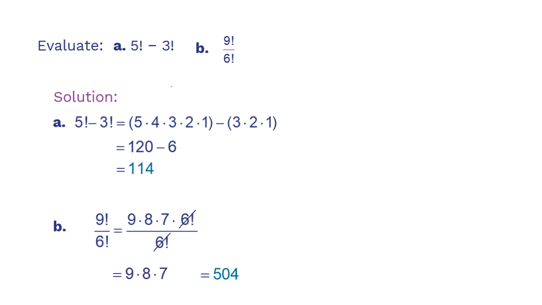because if you notice here, 9 factorial, if we just wrote it out, that is 9 times 8 times 7 times 6 all the way to the number 1.